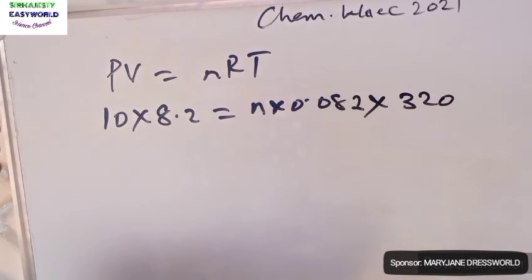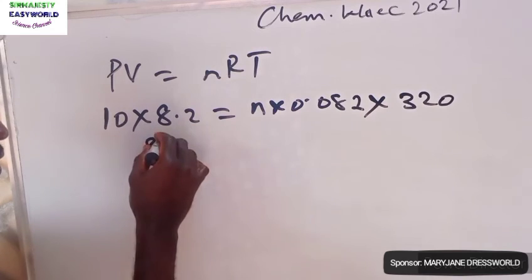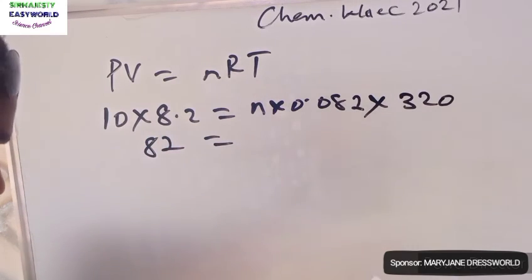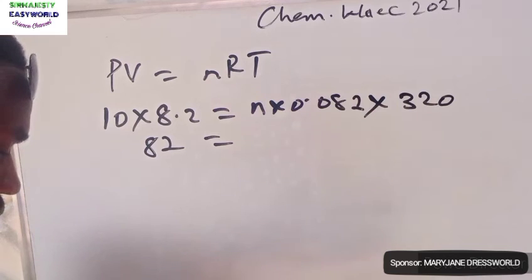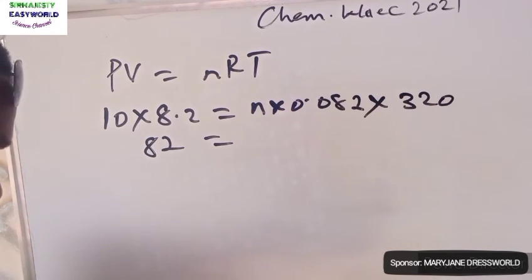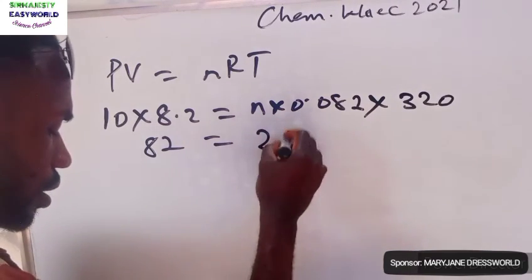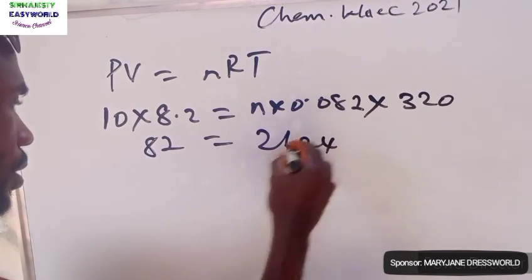Now, from the calculator department, 10 times 8.2 should be 82, of course. 10 times 8.2 is going to give us 82, which is equal to 0.082 times 320, which gives us 26.24.